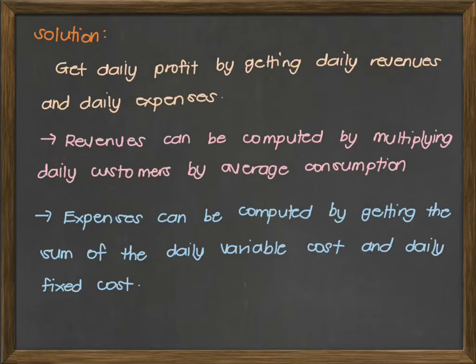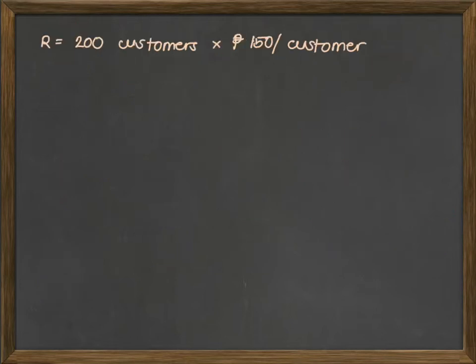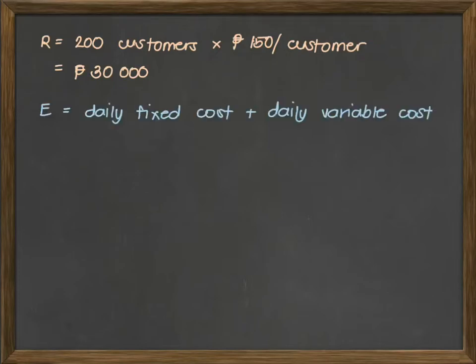If you can recall, the fixed cost was given per month. But we were given the daily operation, so we can use those values to get the daily fixed cost. Revenues is 200 customers multiplied by 150 pesos per customer, which will give us 30,000 pesos of revenue per day.